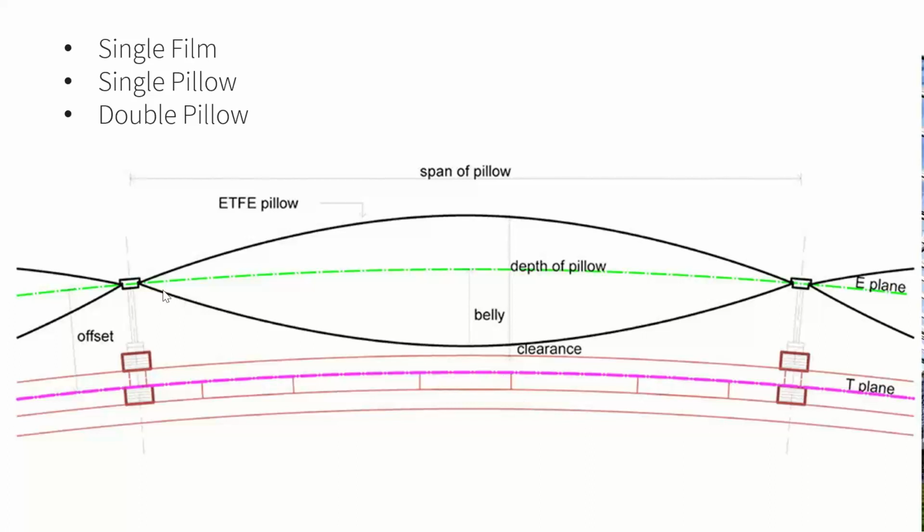You've got these ETFE pillows. They can be a single film, so if it was just that green line that's there, it would just be a single film that's suspended across the whole thing. Again, not a whole lot of U value out of that, but it provides that environmental separation. You can get a pillow system, so they have two films, and on the inside they fill this with air to provide some ventilation of the system.